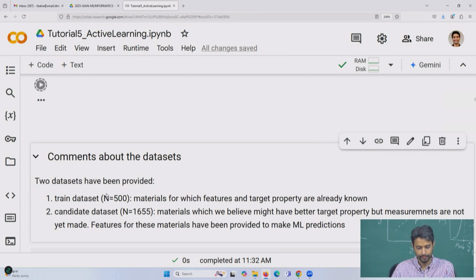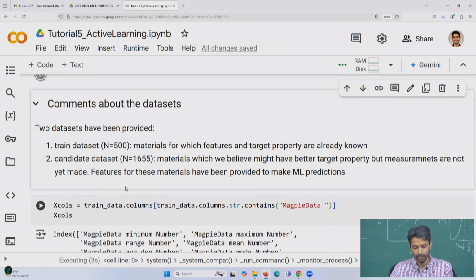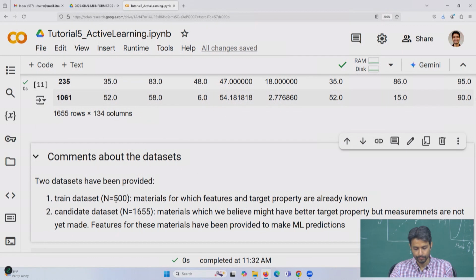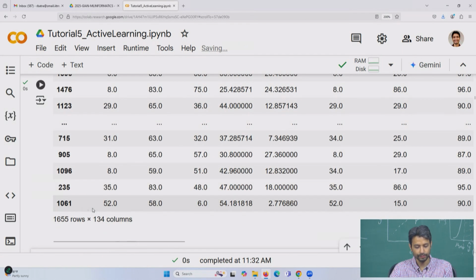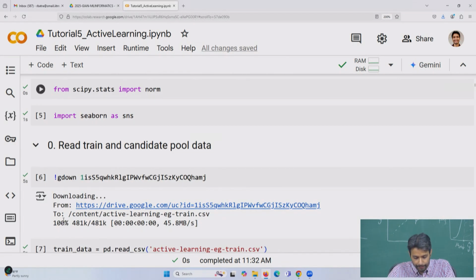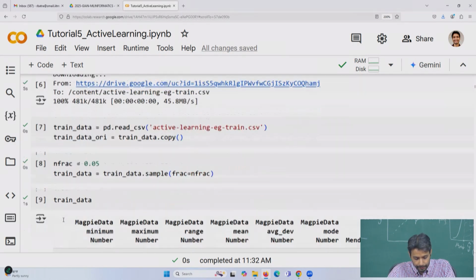And then I am downloading my candidate data set. I think this should be n equals 25. So this is the candidate data set, which has about 600 candidates in it. This data set is about band gap, if I am remembering it correctly.